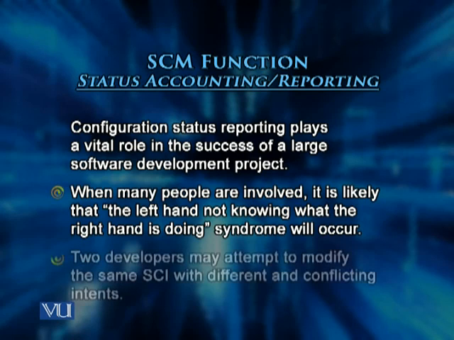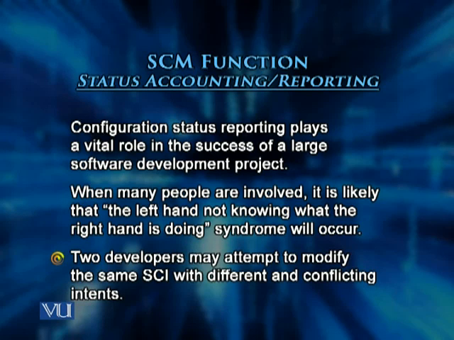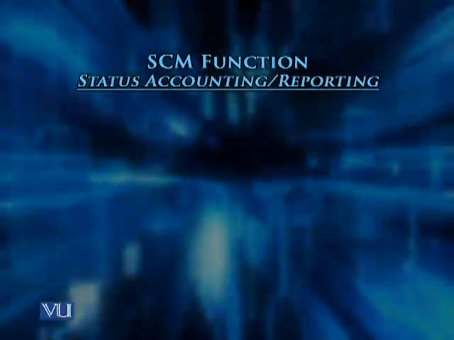Two developers may attempt to modify the same software configuration item with different and conflicting intents. One may want to change something in a function or a procedure, and another developer may want to make a change in the same function but with a different intent. This is possible if appropriate configuration management tasks are not implemented.